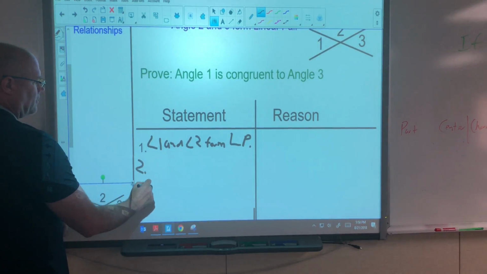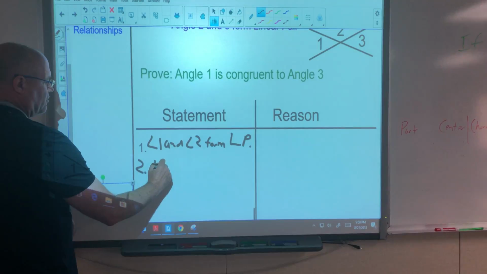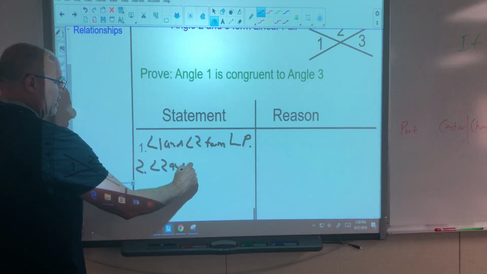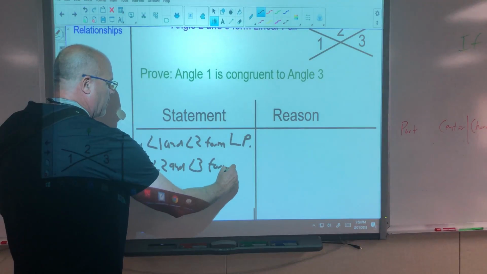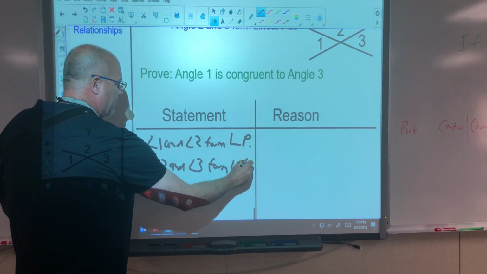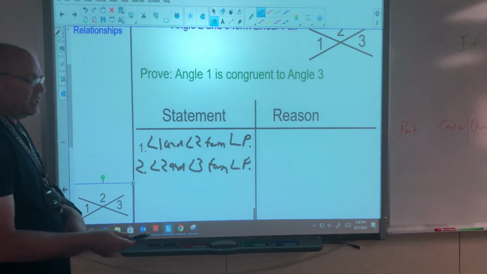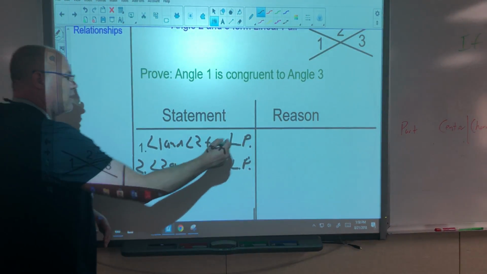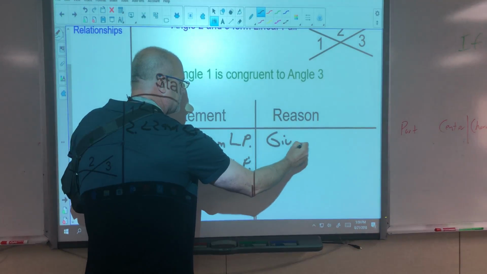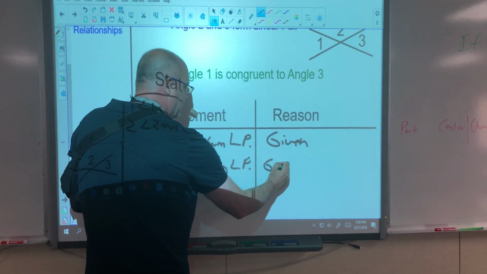I'm going to say angle 2 and angle 3 form a linear pair. Class, I wouldn't lose sleep if you put both of those statements on the first line. You said both things, but our reason is going to be given and given.